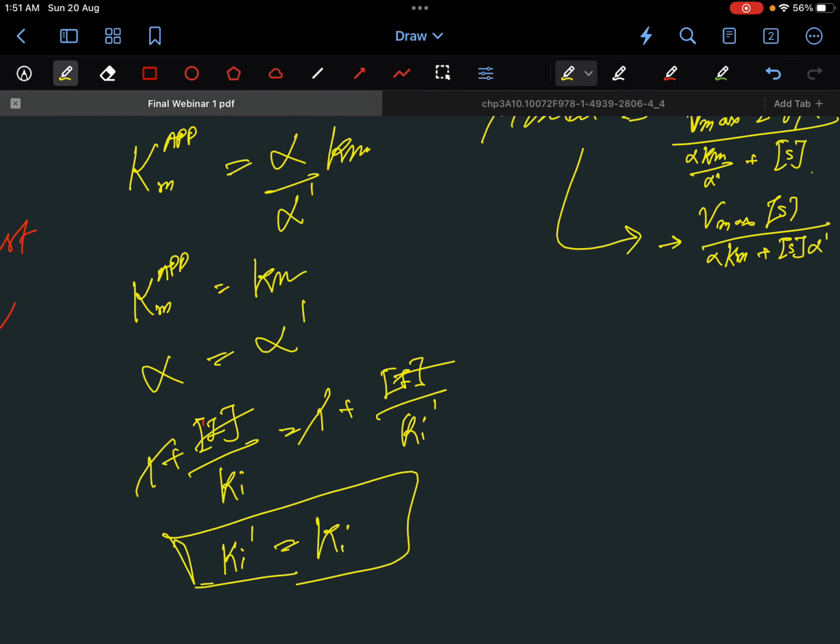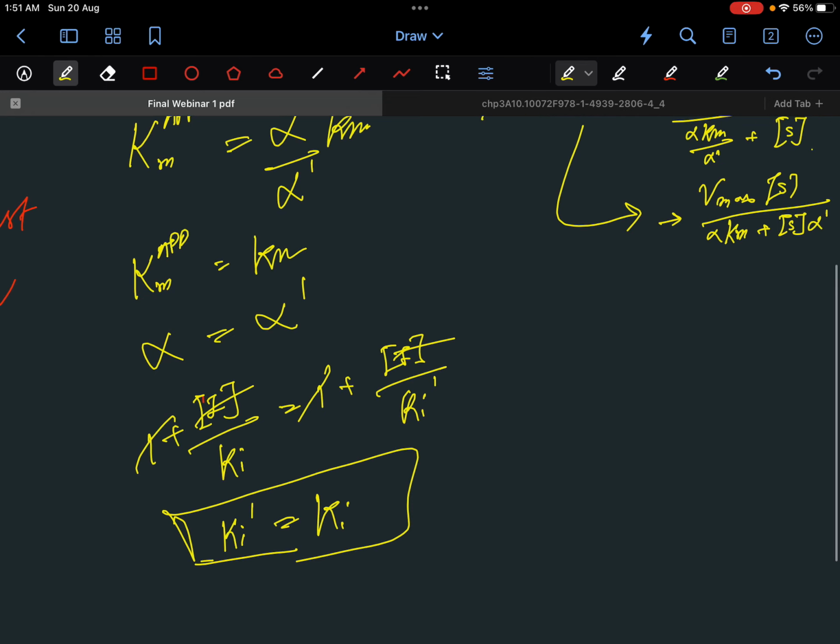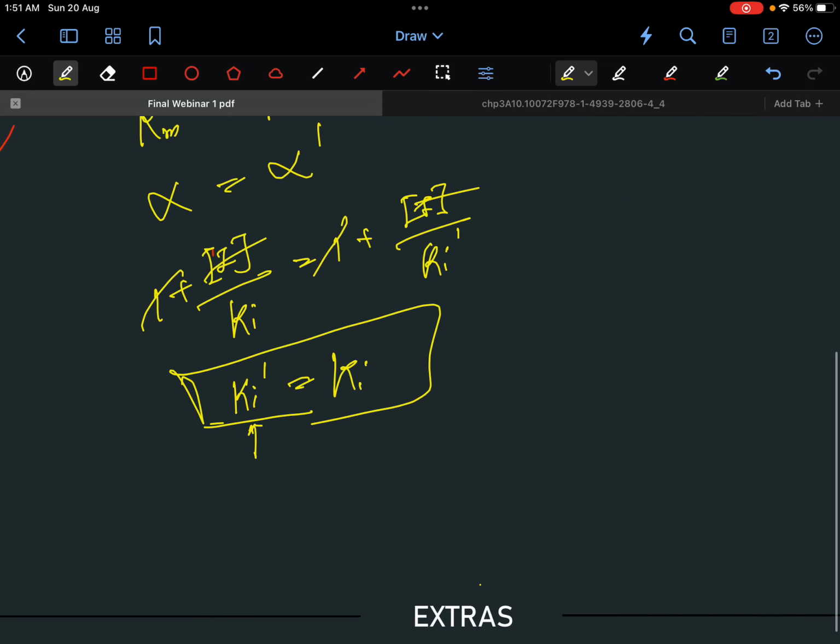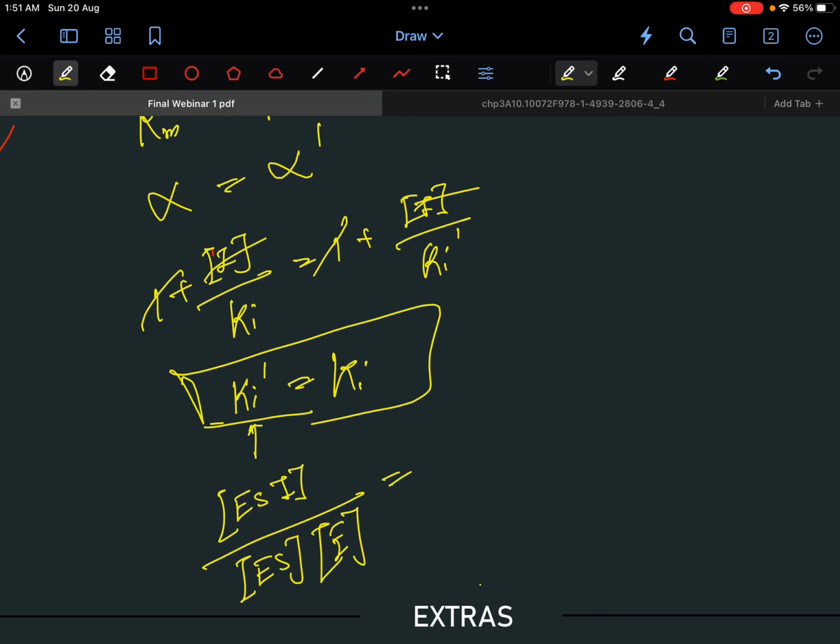So the concept is, in mixed inhibition, whenever the association or the dissociation constant of inhibitor and enzyme substrate... Let me write this down. ESI by ES into I equal to EI divided by E into I, right?